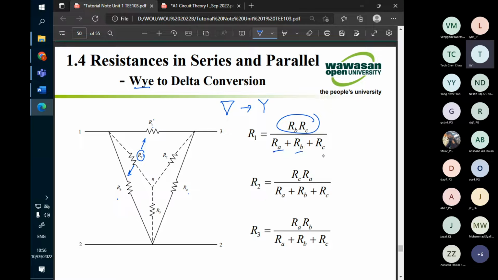At the numerator, you just look at the adjacent ones. Next to R1 is RB, RC. So next to R2 would be RC and RA. And the denominator is the same. See? So this is how to memorize the formula.